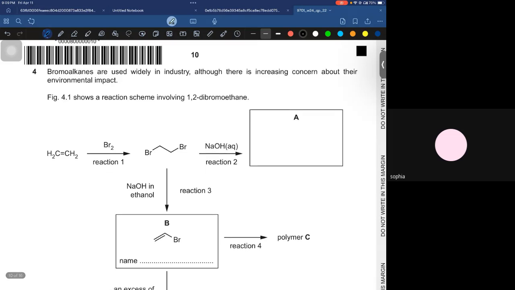Of course, this would be a nucleophilic substitution reaction, because this is aqueous sodium hydroxide. So bromine would be substituted by OH, so an alcohol would be formed. So I would be writing this.